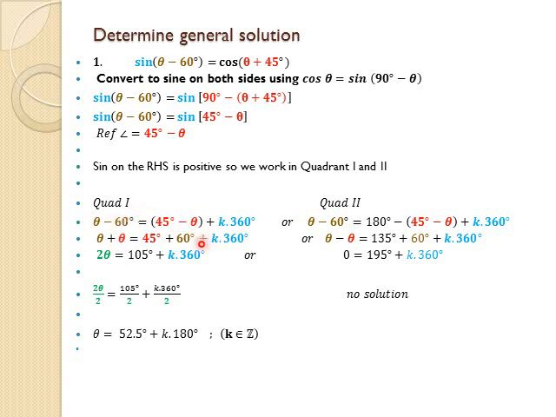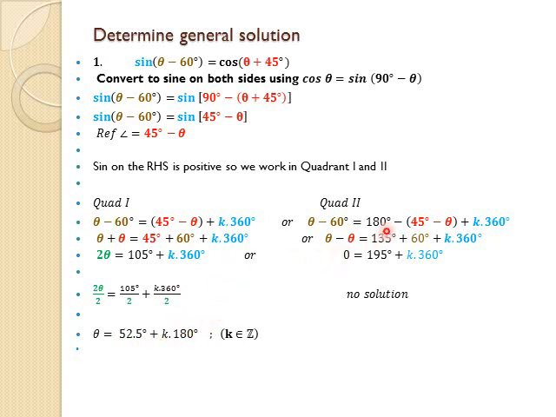Negative 60, if I bring it over, would become plus 60. So 45 plus 60 would give me 105. There I have k times 360, that stays. And theta plus theta, we assume, is 2 theta. I want to solve for theta, so I'm going to divide by 2 right through. 105 divided by 2, k times 360 divided by 2, so that gives me 52,5 plus k times 180.